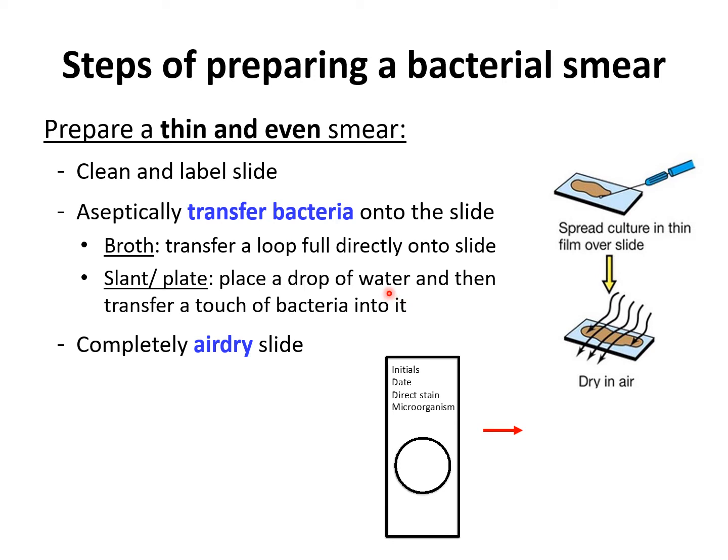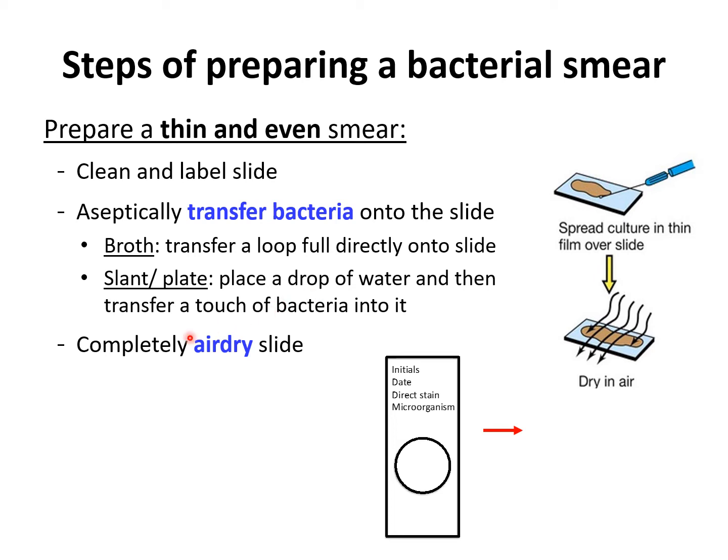After you put that drop of water, grab your sterilized loop, pick some bacteria that's growing on your plate or slant, and mix it in with the water. After you mix it into the water, start smearing your bacteria over your slide.